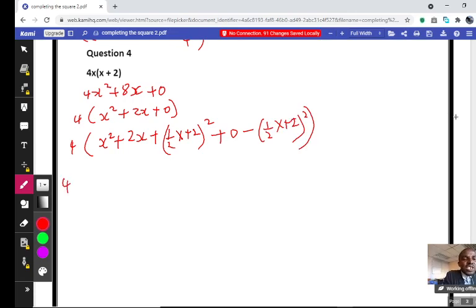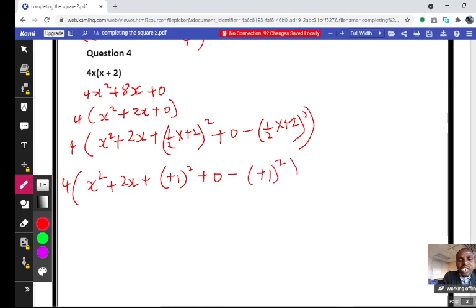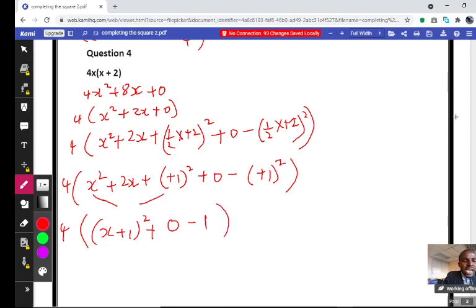Then after that, it will be 4, big bracket. Then x squared plus 2x plus, then here you simplify, it will be plus 1 squared, plus 0, minus, then this one, it will be plus 1 squared, then put the big bracket. 4, then you ignore the 2x, you take this one and this one, it will be x plus 1 squared, plus 0 minus, then plus 1 squared is 1, like this.